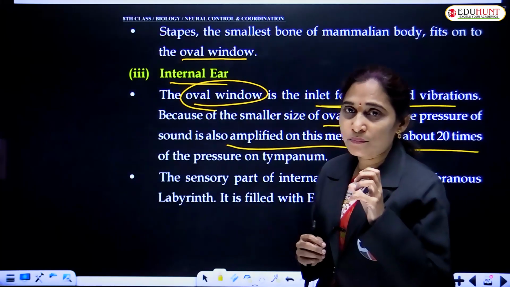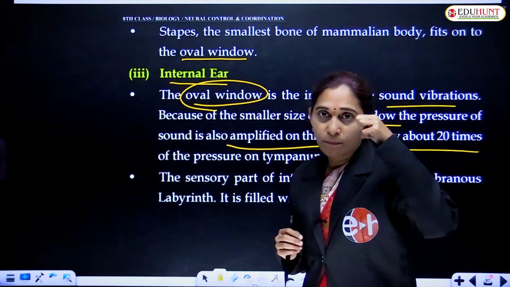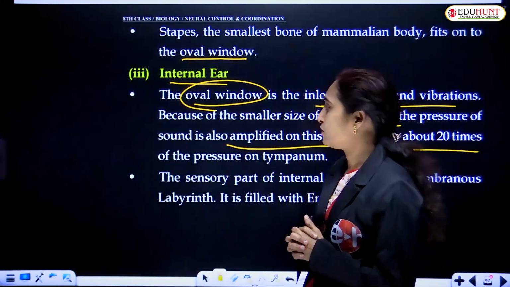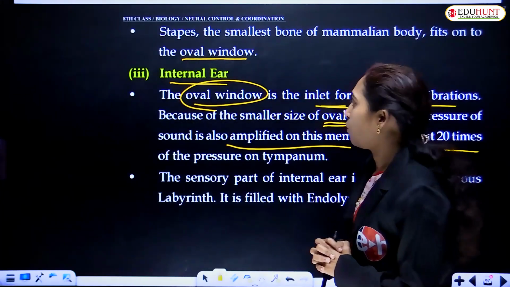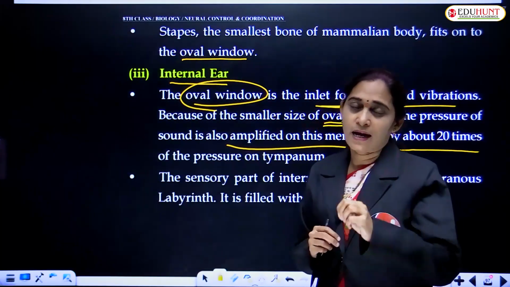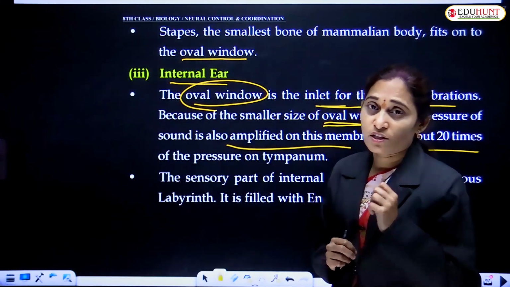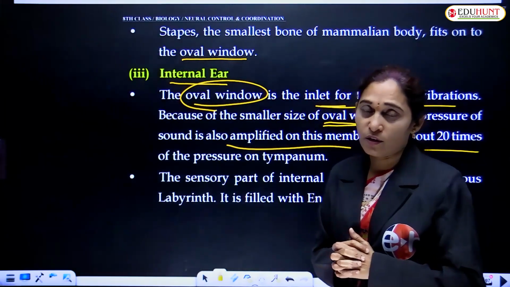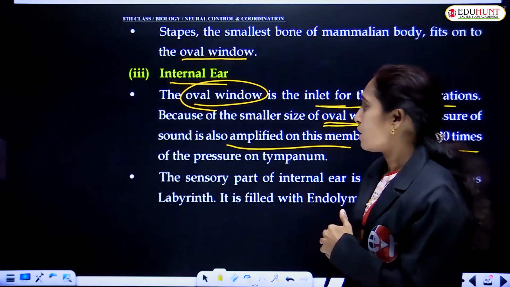Because it is very tiny in size, it amplifies. It is very important for the amplification of the sound.